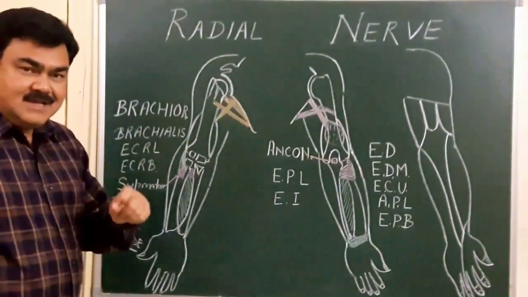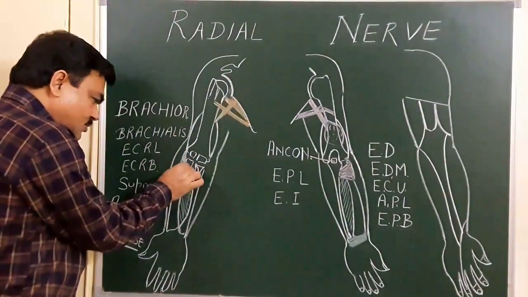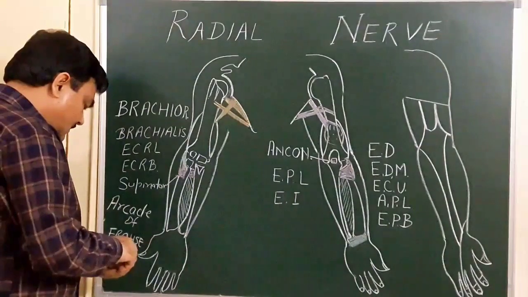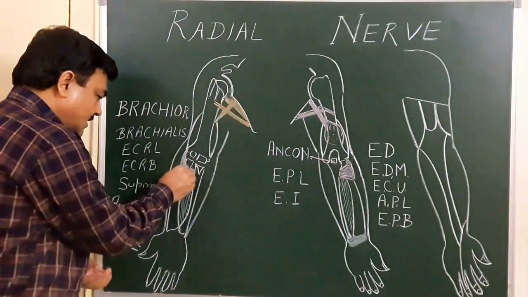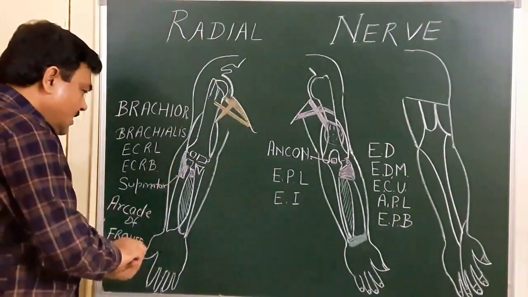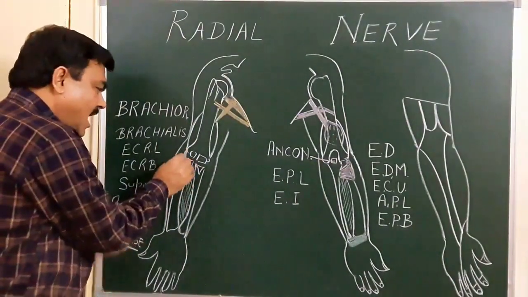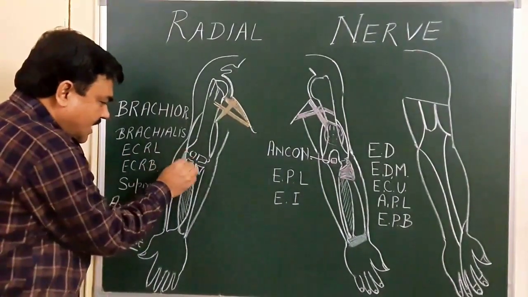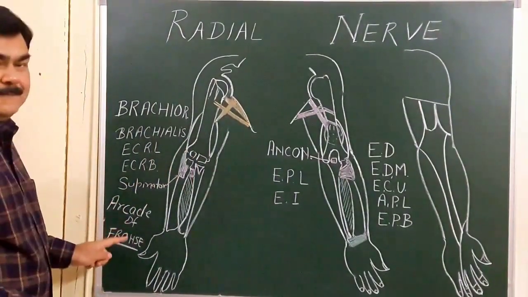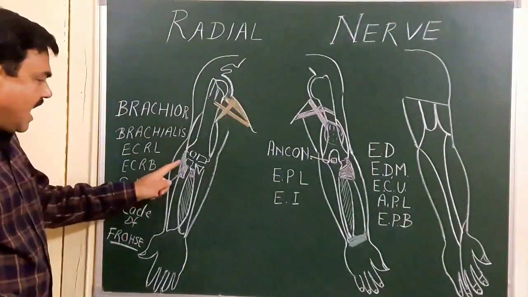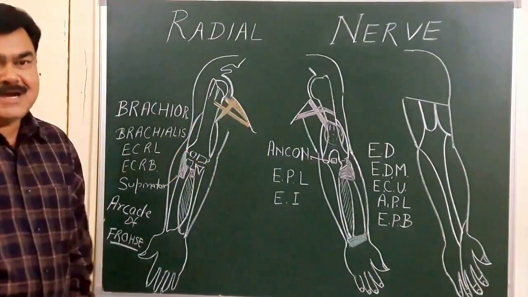The uppermost part of the superficial part, which is fibrous, forms the arcade of Frohse or supinator arch.